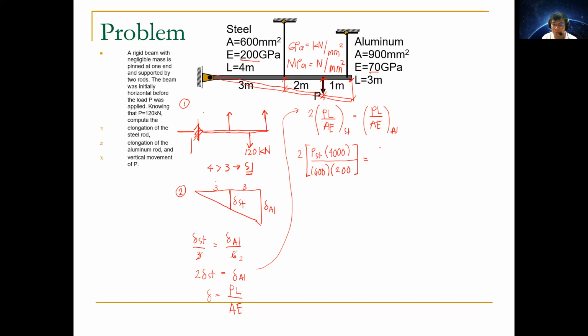Then equals the right side, which is PL over AE still, P aluminum times the length of the aluminum, that would be 3,000 divided by the area 900, then times 70.